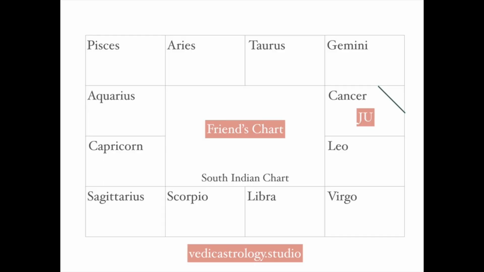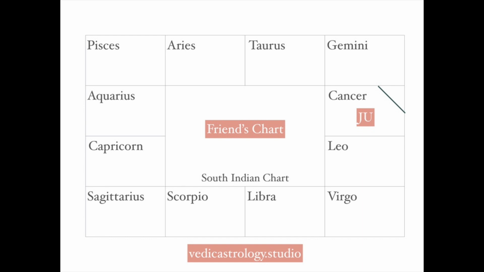The reason this is helpful is because if you were looking at your friend's chart and wanted to see what it means to have the ascendant be Cancer with Jupiter on the ascendant, then you want to know what house Jupiter aspects.